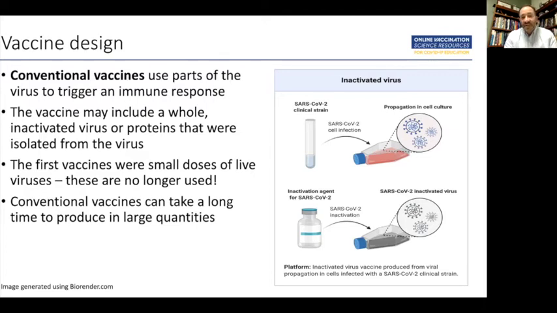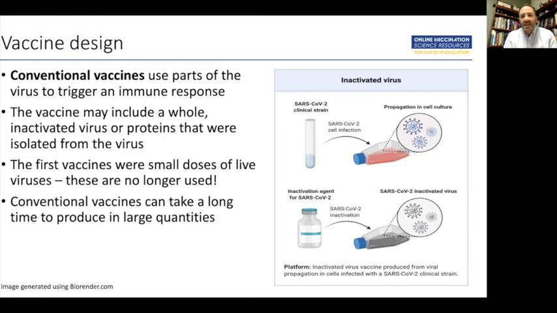The first vaccines were actually small doses of live viruses, which were introduced through a process called variolation. This is no longer used. And one of the key things to note about any vaccine that is produced now is that there is not a risk of having a reaction as if you were being exposed to the live virus.